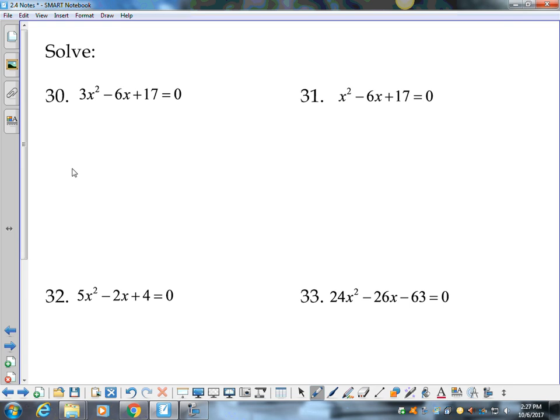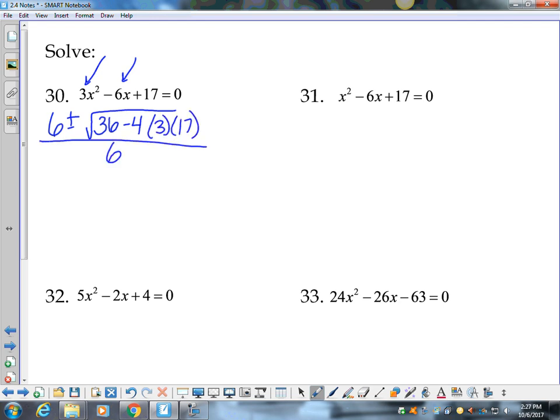But this one is not a nice complete the square. This number is nicely halfable, but if you'll remember, you cannot complete the square when it has a leading coefficient. So I'm not going to complete the square. I'm going to go straight quadratic formula. So here we go. Opposite of b, square root b squared minus 4ac all over 2 times a.